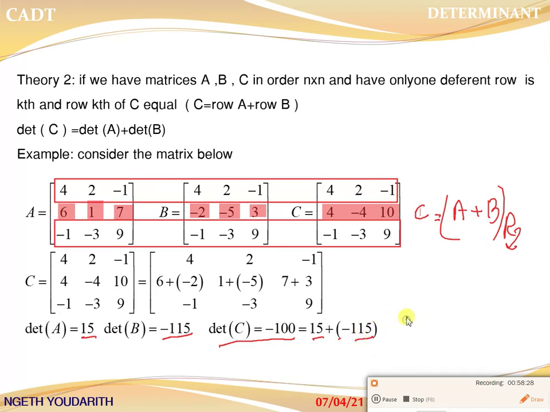So this means that determinant C equals determinant A plus determinant B. This is the property of our determinant.